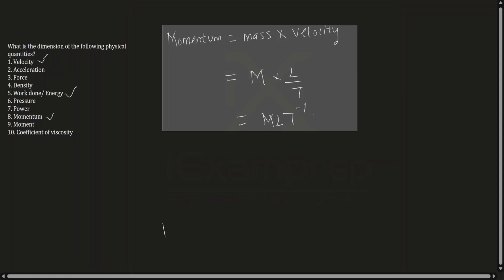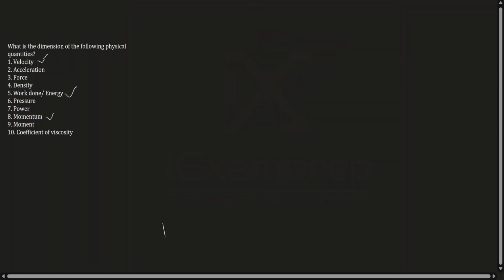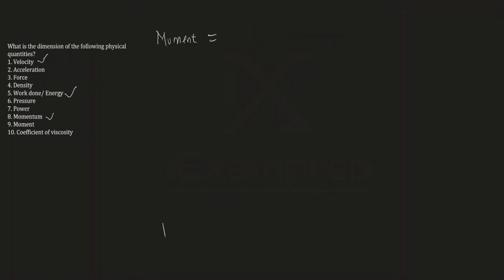Number 9, moment. Moment as a physical quantity in physics is obtained by the product of force and perpendicular distance. Moment and work done have the same dimension, but ideally, moment is different from work done.